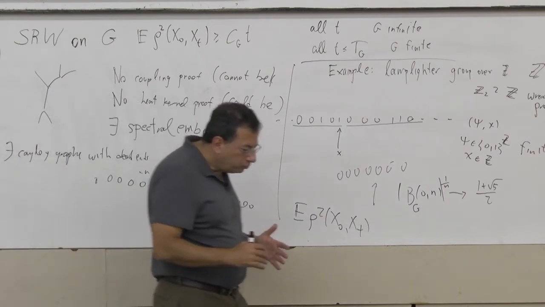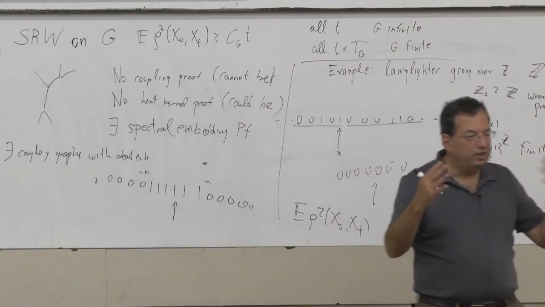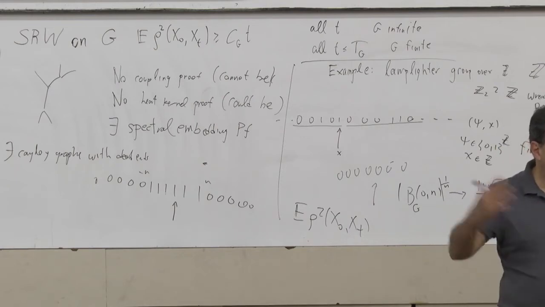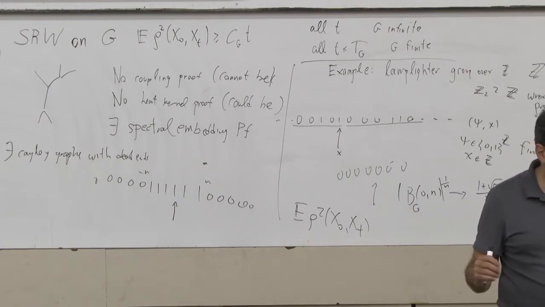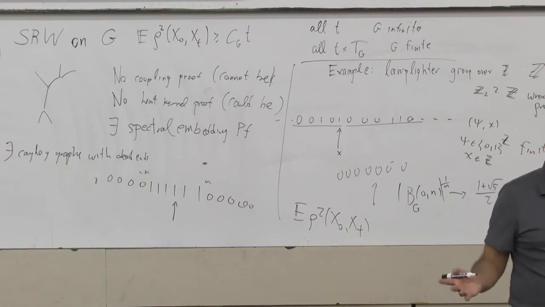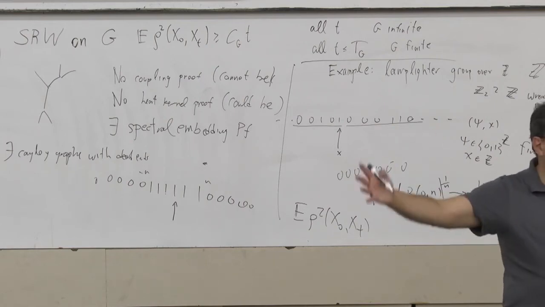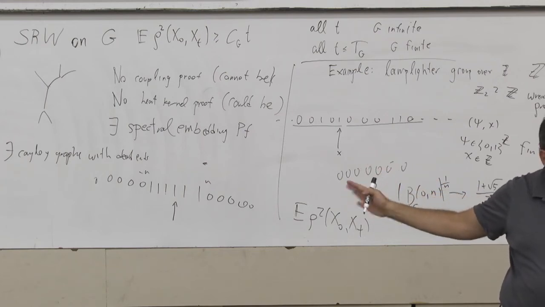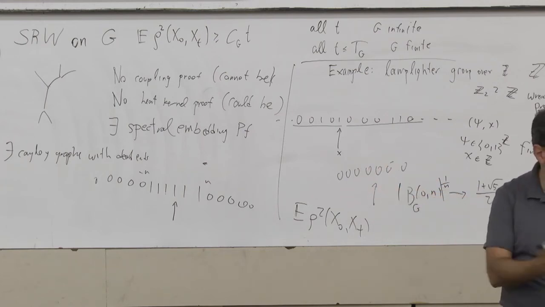So if there were lots and lots of these configurations, then the walk would be very confined and wouldn't move at all, or wouldn't move very fast. We do know, it's easy to see, that the walk does move. I mean, the lower bound of t on the expected distance squared is very easy because it's true just for the marker.